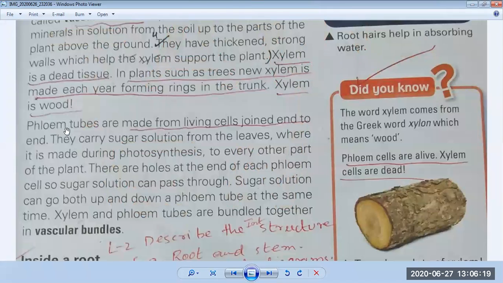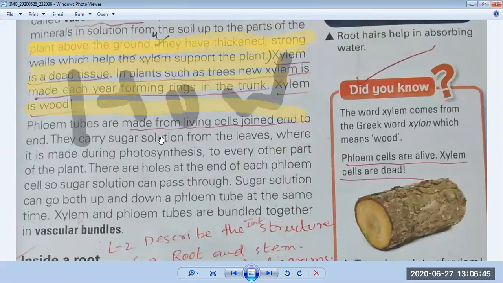Now we will talk about phloem tubes. Phloem tubes are made from living cells joined end to end. They carry sugar solutions. Now the question is where the sugar solution comes from. When plants do photosynthesis in the daytime, they make food.